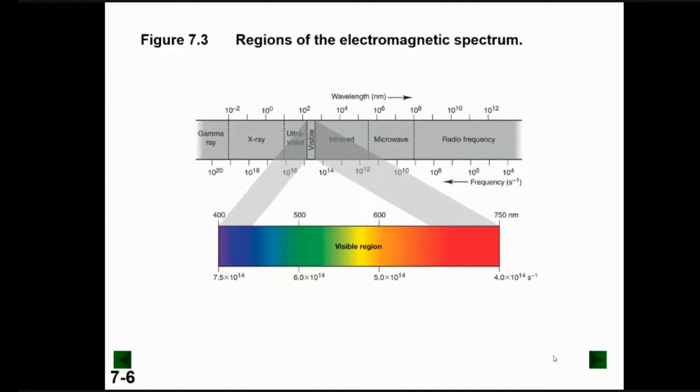Its range is between 400 nanometers to 750 nanometers. Okay, with the red being the low energy type and the violet being the high energy type. And this is what your eyes are accustomed to on this planet. So that's usually what our sun is giving down in the greatest quantity.